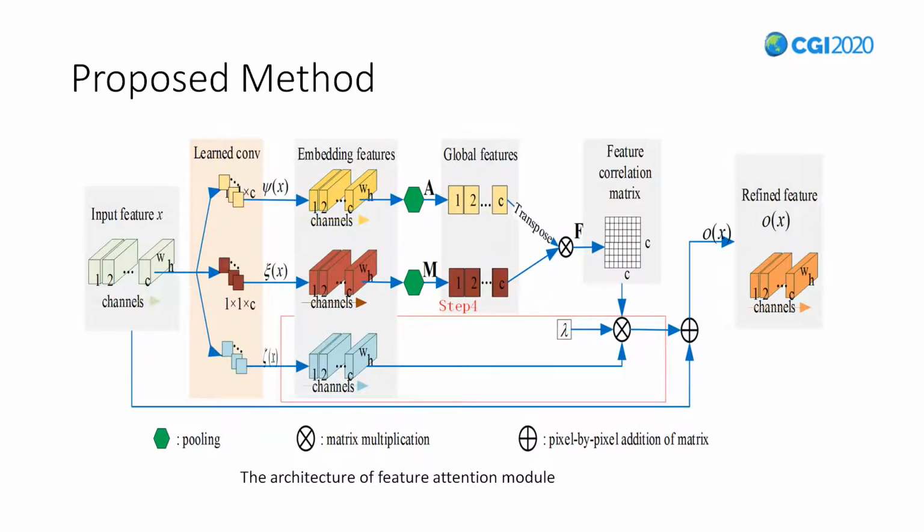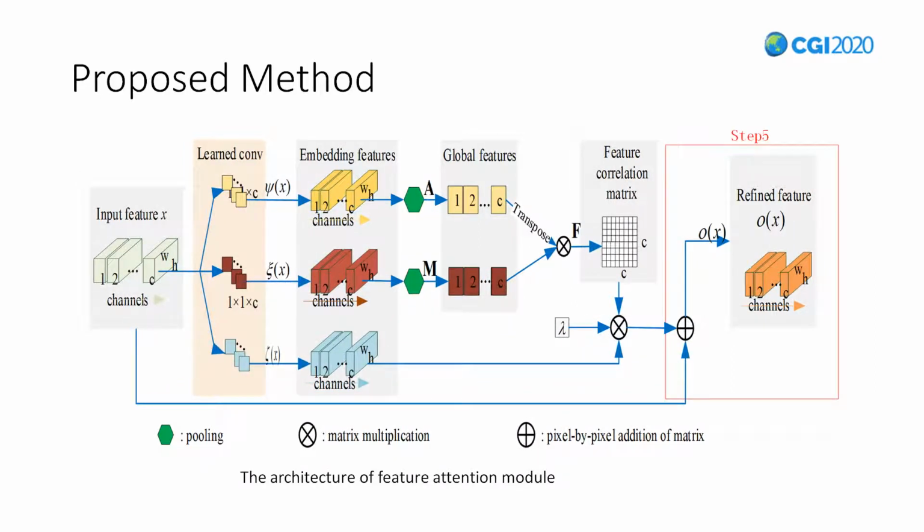Step 4. Getting a non-local feature map Y by multiplying the feature correlation matrix F and the last feature, which captures the response of every position to global features of this image by weighted summation of C features of this position with the weights as the correlation coefficient between features.